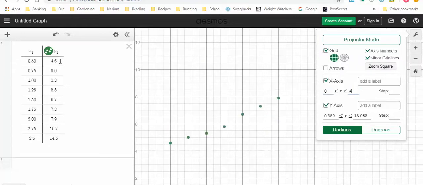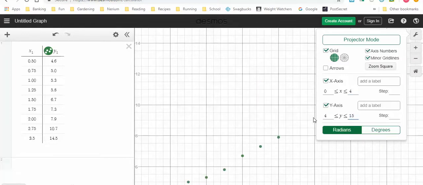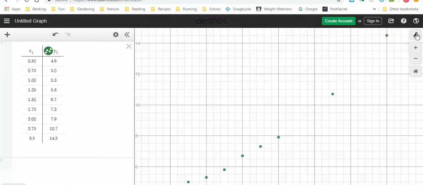My y values go from just above 4 to just under 15, so I'm going to change this from 4 to 15. Now if I re-click this, I feel like that gives me a little bit better visual of what this is doing.